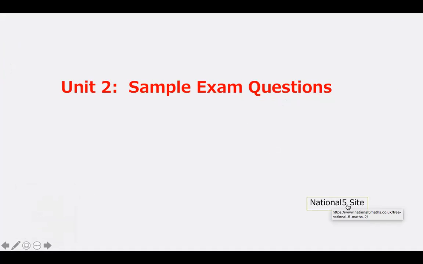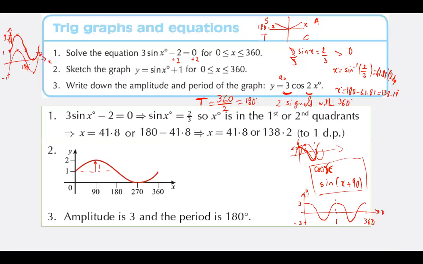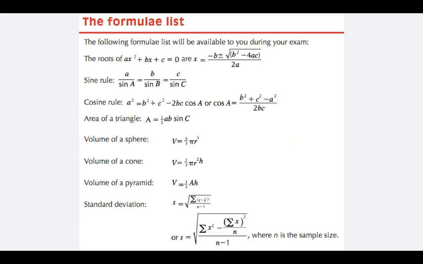If you go to this site called National 5 site, if you click on that, there'll be plenty of worksheets and past paper questions, and you can even specify what you want to hit. I've put that there. And the next portion would just be sample exam questions, but they are associated with Unit 2.